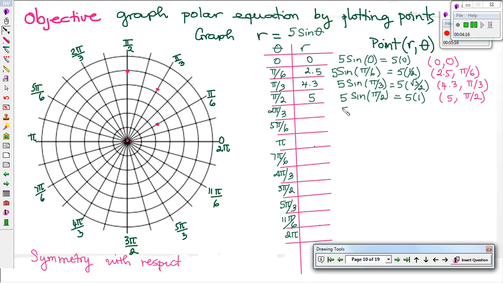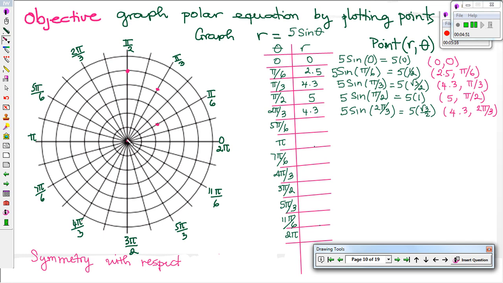Next for 2 pi over 3, we substitute our theta for 2 pi over 3, so 5 times sine of 2 pi over 3. That equals 5 times square root of 3 over 2, so that will give us 4.3. So now we have the point 4.3, comma 2 pi over 3.